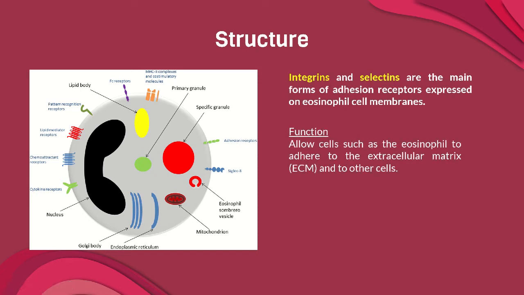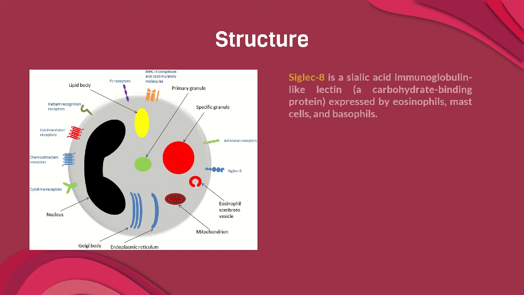For adhesion receptors, there are 4 types, but mainly on eosinophils, the integrins and selectins are the main forms. They allow cells such as eosinophils to adhere to the extracellular matrix and to other cells.